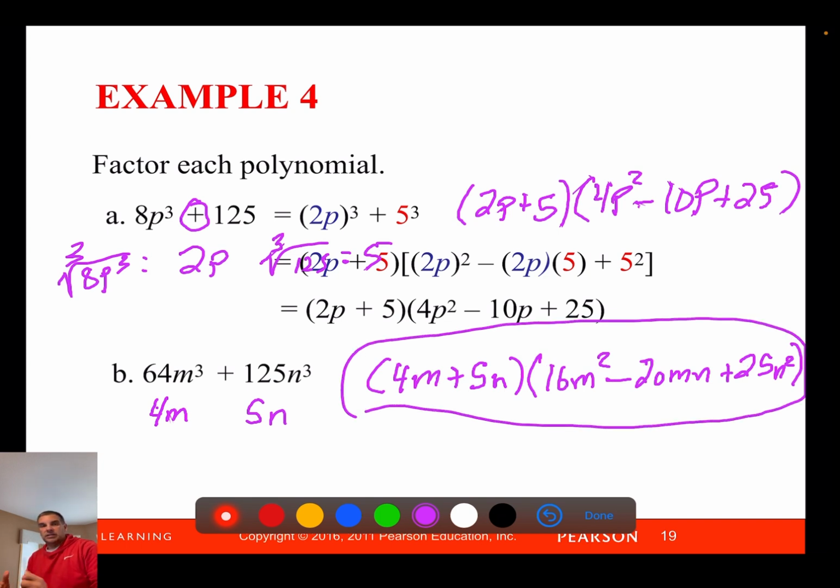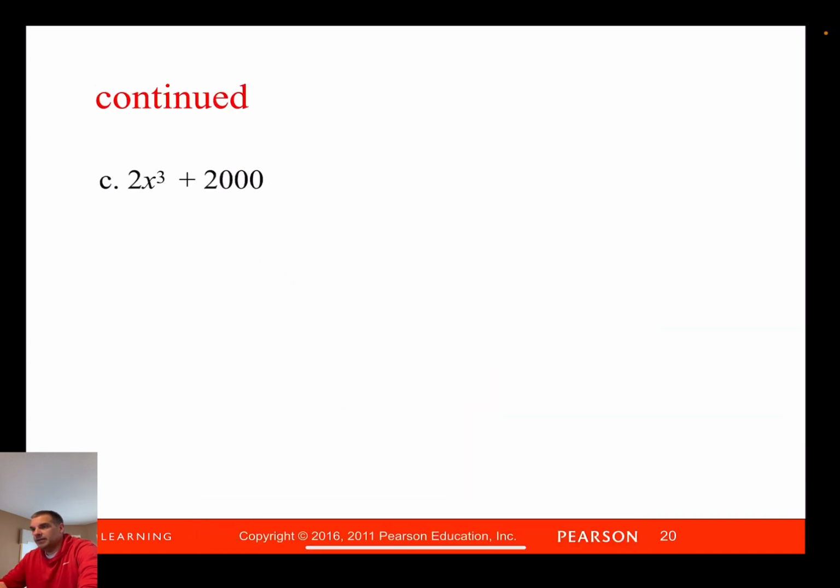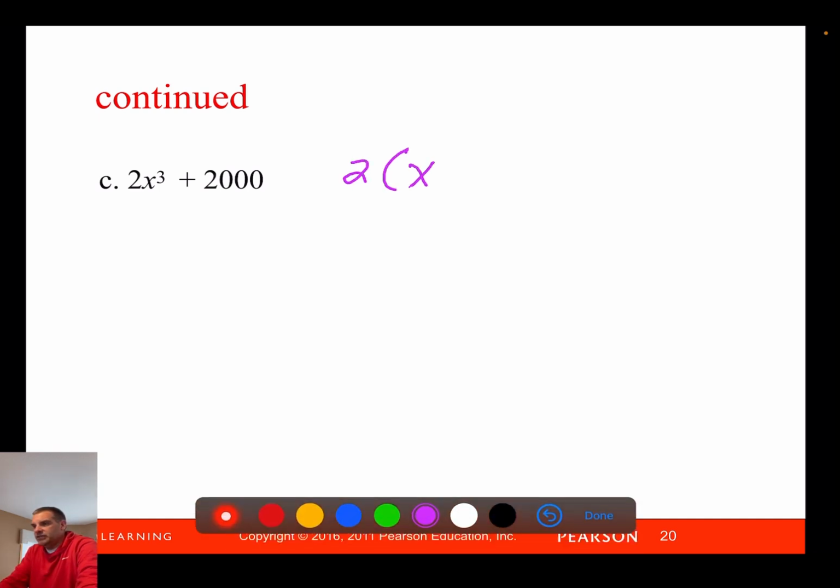Okay. So that's factoring the sum of cubes. You do need to be a little bit careful. Always make sure you take out a GCF first when you're doing these. So if you look at 2x cubed plus 2,000, take out a 2, and then that gives you x cubed plus 1,000.